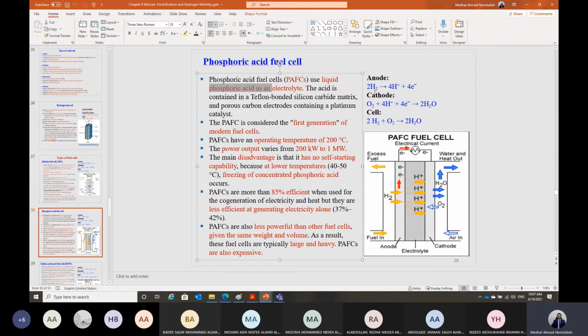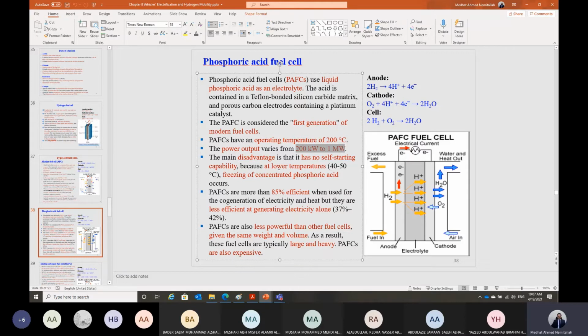So similar to the proton exchange membrane, this electrolyte also allows the transfer of positively charged hydrogen ions from the anode to the cathode. Then water vapor can be created in this case. The operating temperature of this fuel cell is about 200 degrees C, but this fuel cell is powerful. It can produce high power up to 1 megawatt in this case.